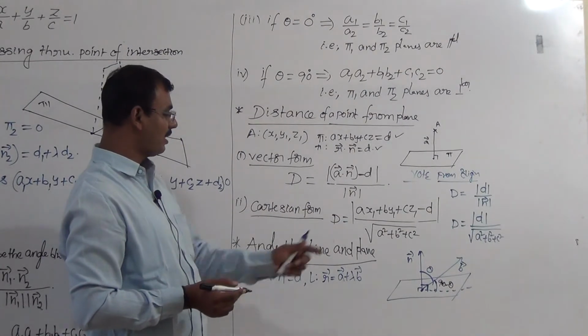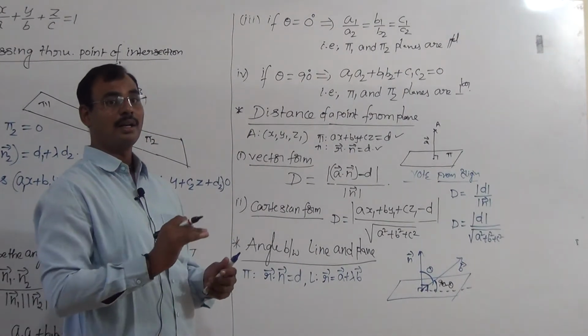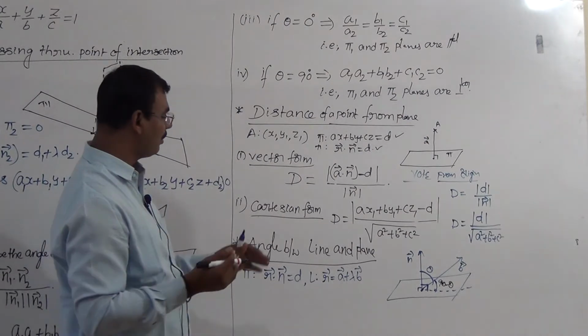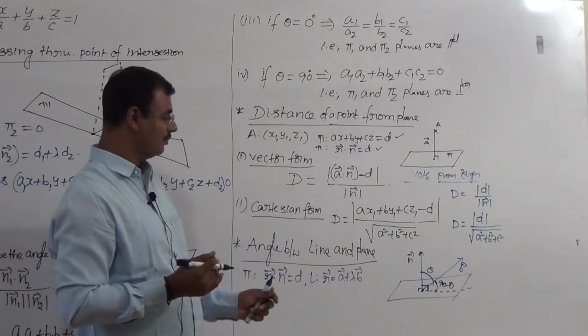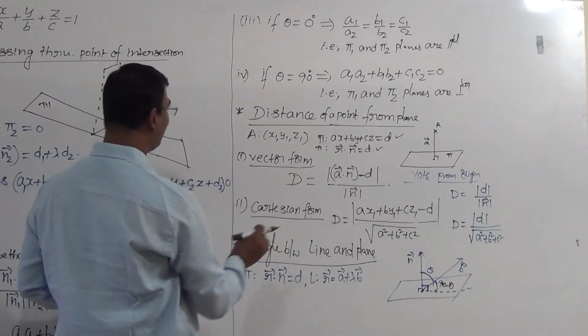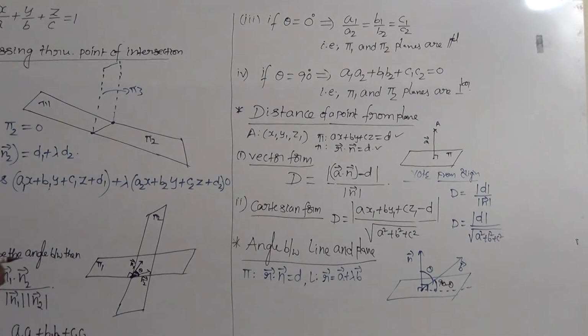So 90 minus theta is also called the complementary angle, and the complementary angle is called the angle between line and plane. If you substitute 90 minus theta in this formula, cos of 90 minus theta becomes sin theta.